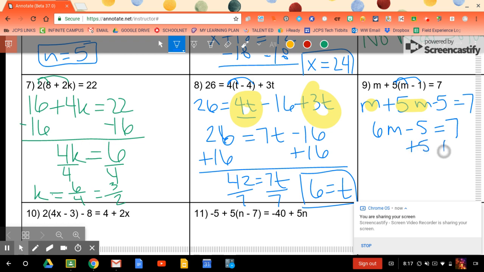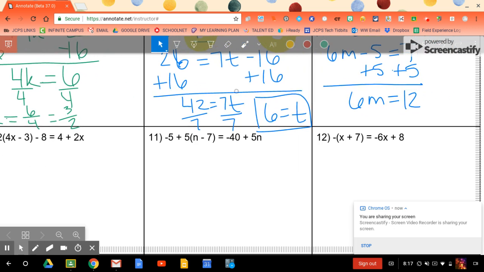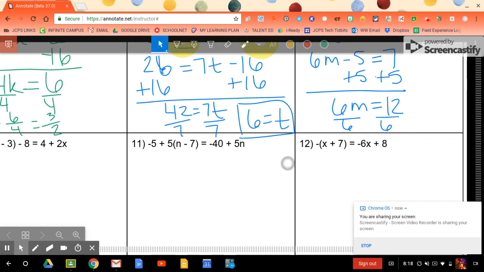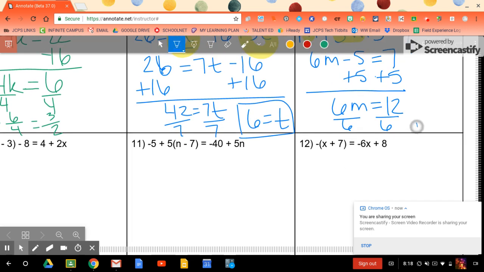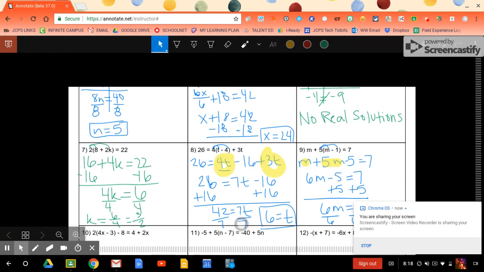So you're going to add 5 because you have to do the opposite since they're not on the same side. You're going to get 6m equals 12. And your last step is to divide both sides by 6. So you're going to get m equals 2. And that is it for problem number 9.